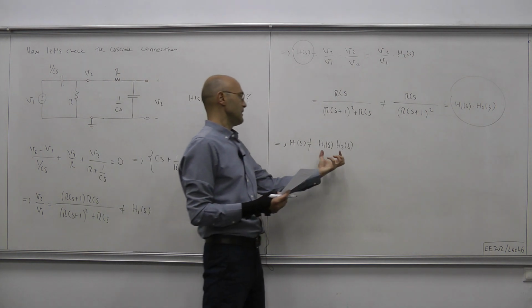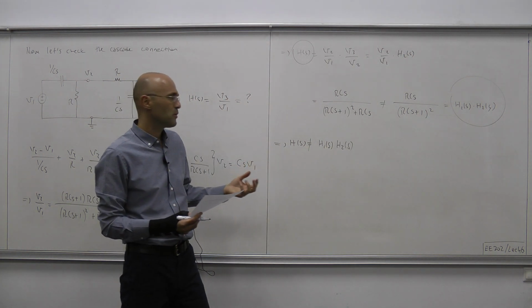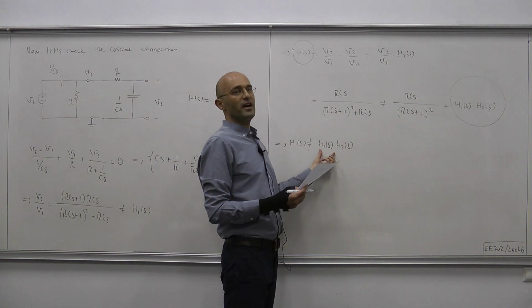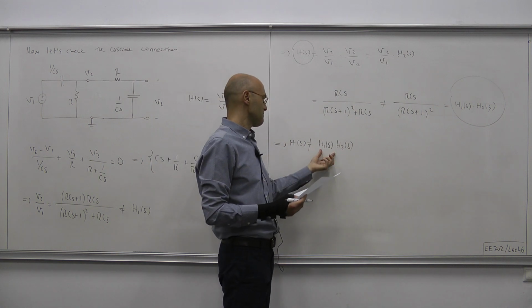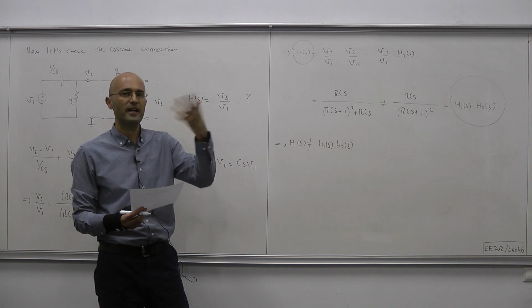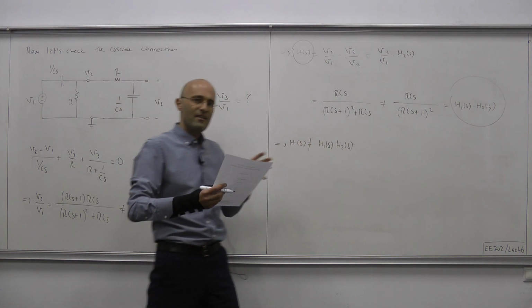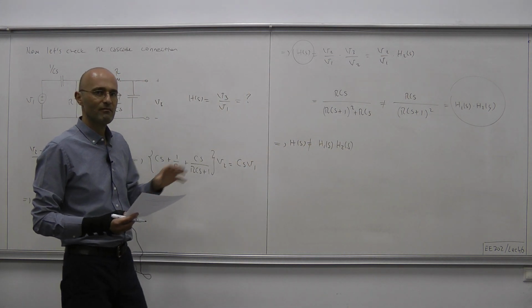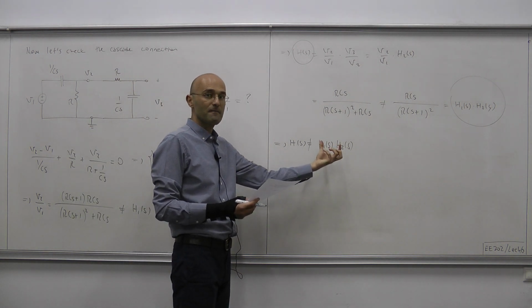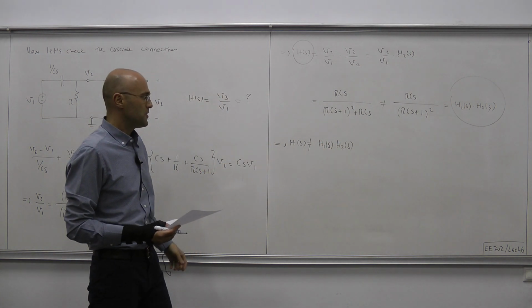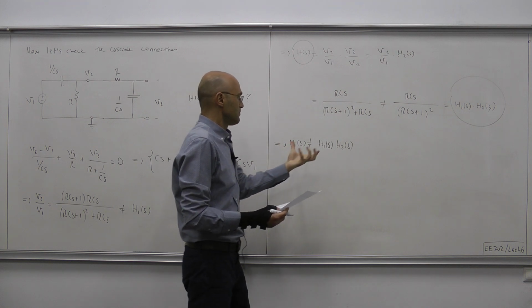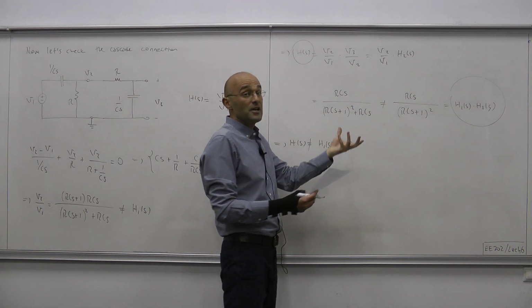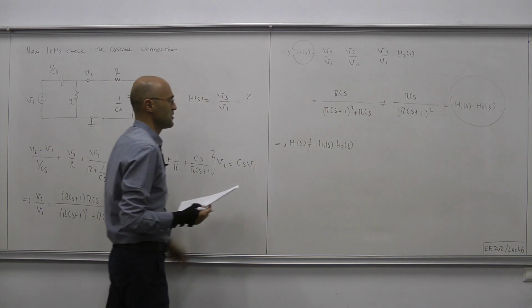So this is not good news, because let's say you design a nice filter, H1 of S, and then you also design another nice filter, H2 of S, and then you combine them, you take their product, and the product is very nice, let's say, it satisfies your design needs.